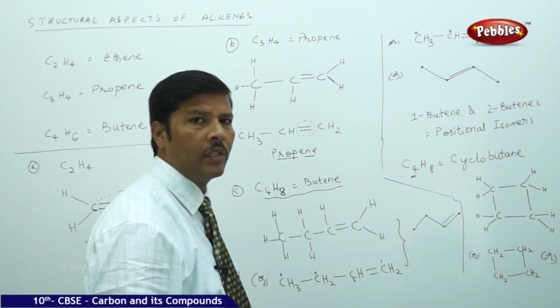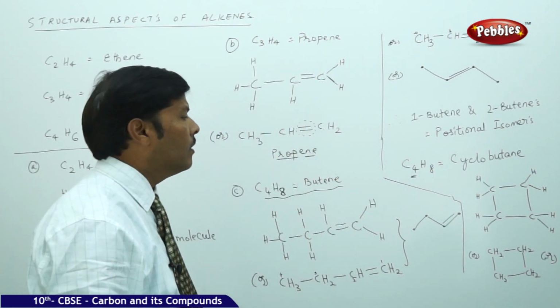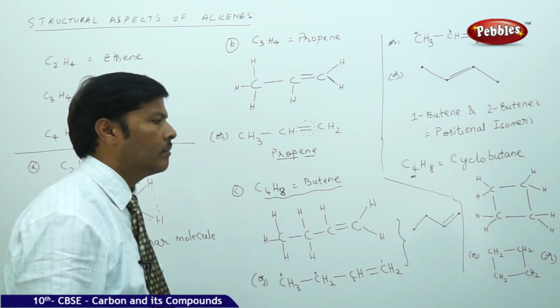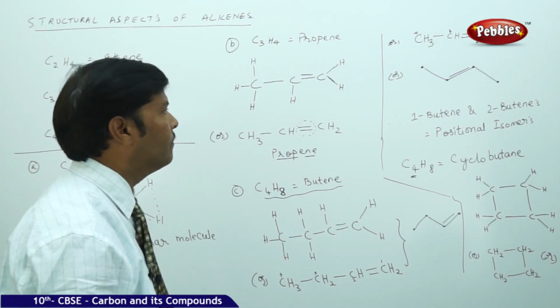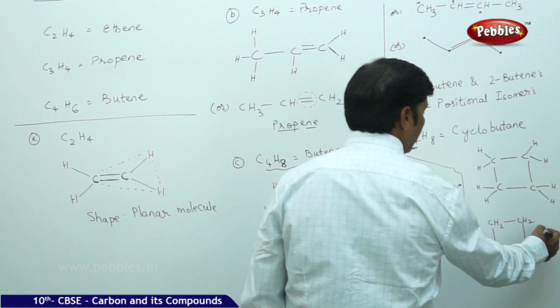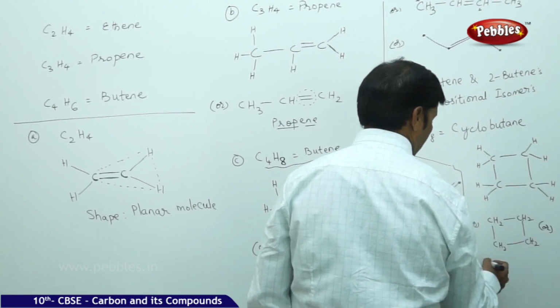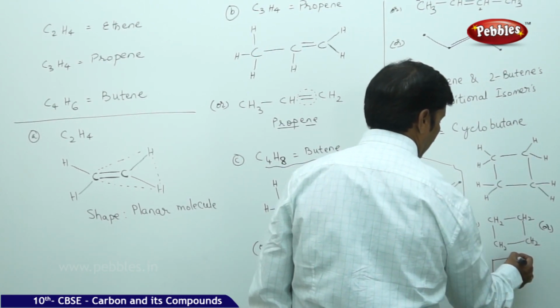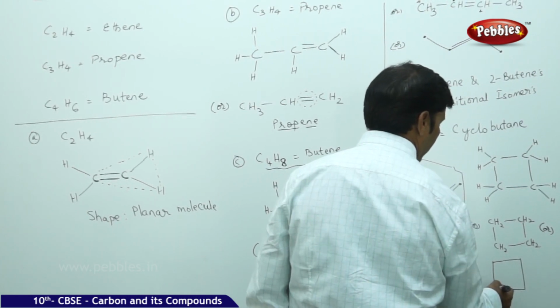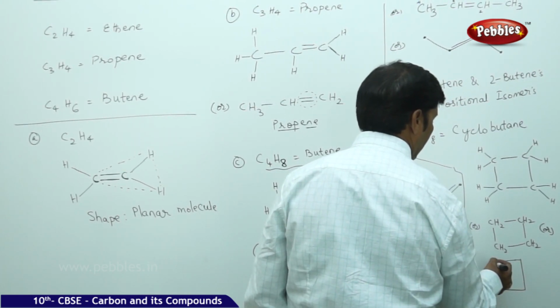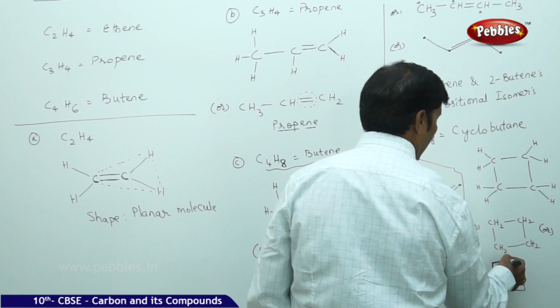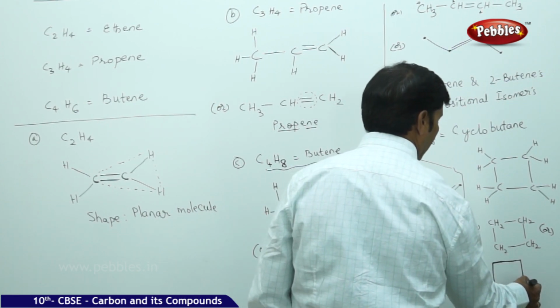So like this you can prepare cyclobutane, because you find all single bonds here. This is the bond line structure of cyclobutane.